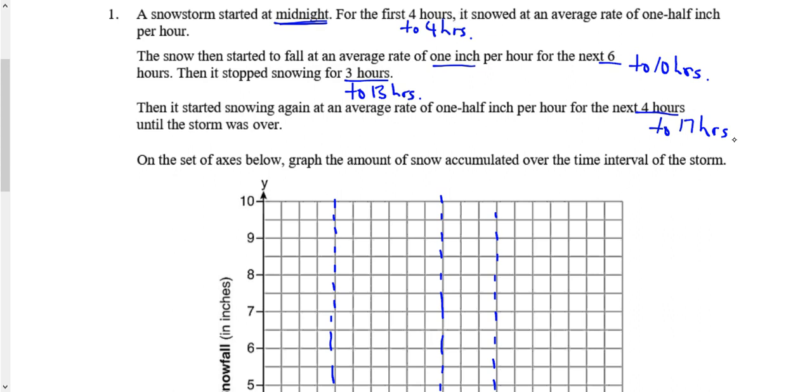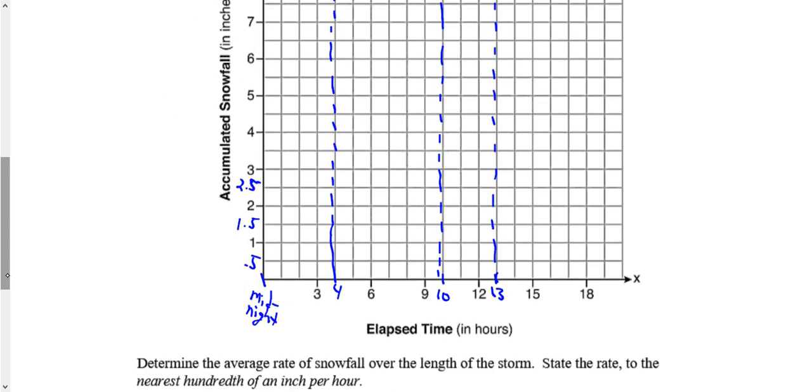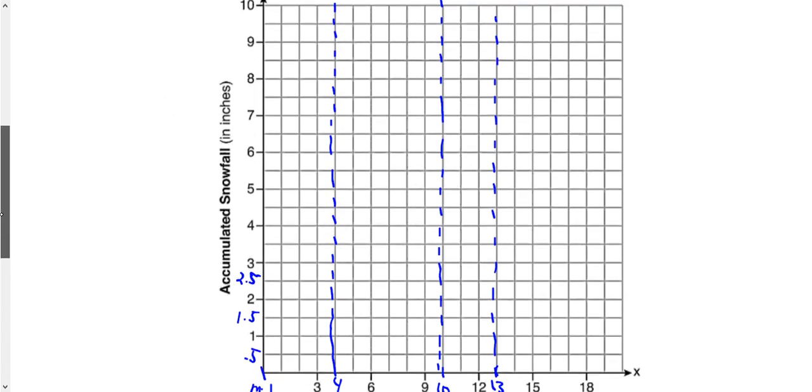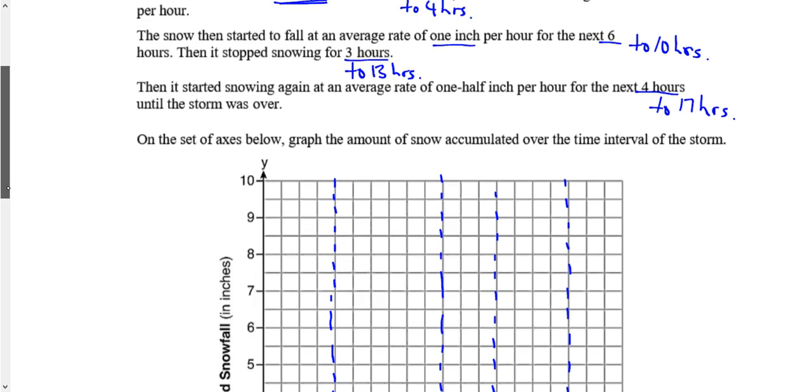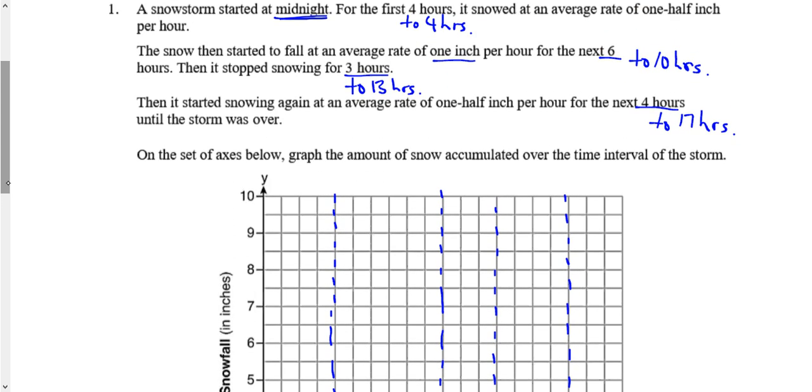Let's find 17 down here. So that would be here. And as you get better at these, you won't need to put the dotted lines for the intervals in there. I think that might be the most helpful thing. Next 4 hours, and then the storm was over. So that's as far as we're going to go, okay?